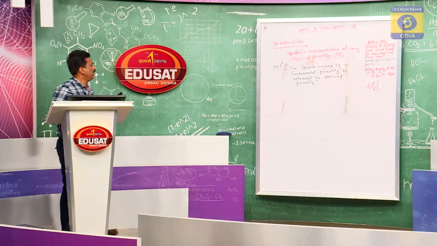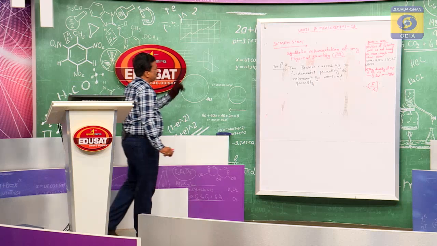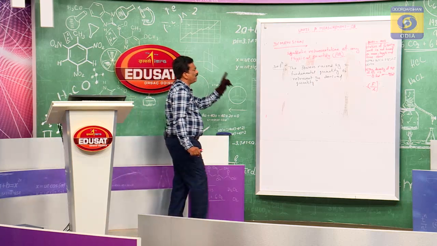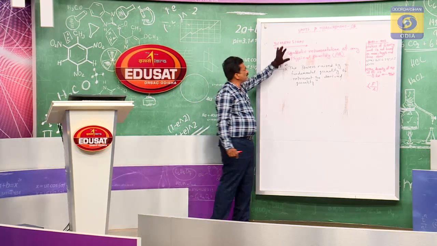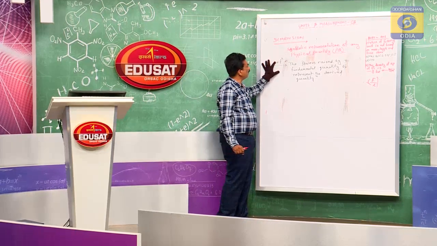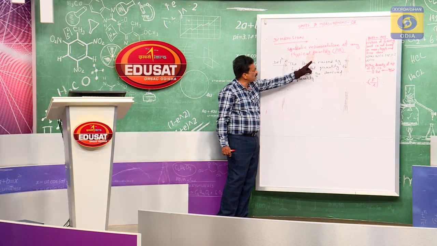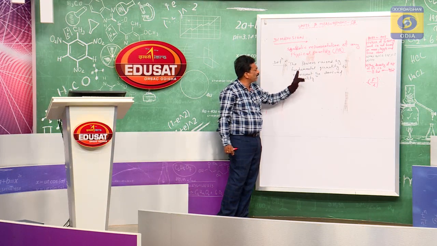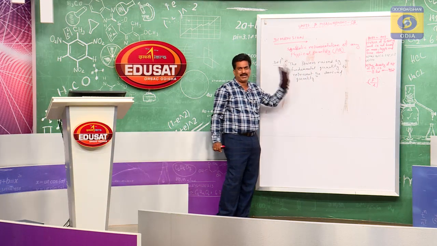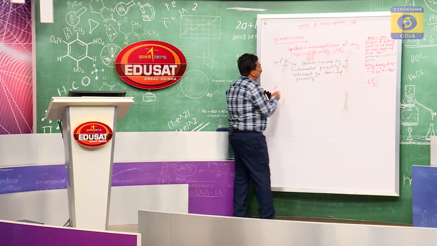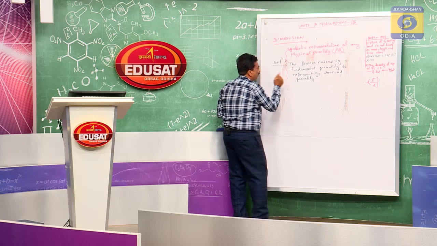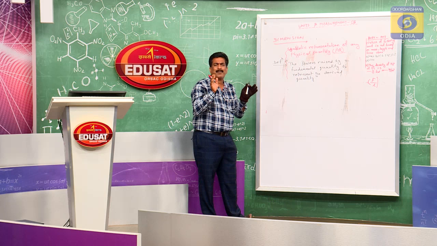As I said, the dimension is nothing but the symbolic representation of any physical quantity. This is my definition, but according to physics, the actual definition is the powers raised by the fundamental quantity to represent the derived quantity. In both cases, if we go into detail, some symbols we have to use.